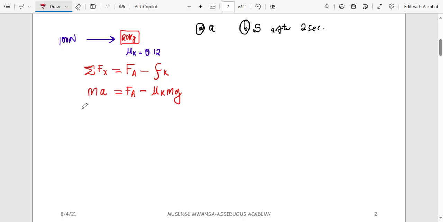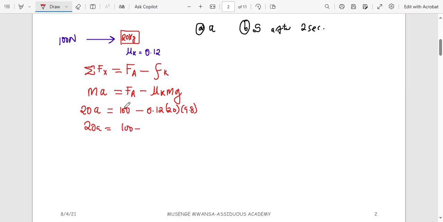Where there is mass, we are going to substitute, that is 20 times acceleration. Applied force is 100 minus the coefficient of kinetic friction, that's 0.12, the mass is 20, gravity is 9.8. So this is going to give us 20A is equal to 100 minus.